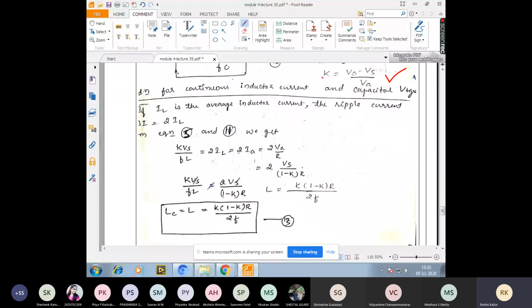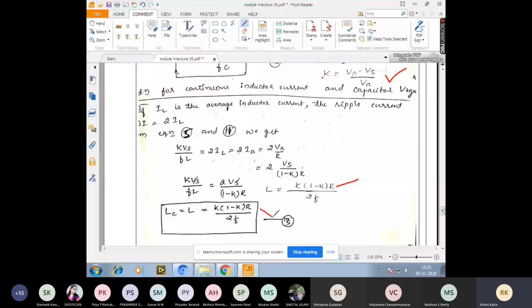Yeah, Vs cancels. So what is left here is K divided by F into L, which is equal to 2 divided by (1 minus K) into R. Now I want the L value, so I'll send L to the other side and the rest of the parameters to the left side. So I have K into (1 minus K) into R divided by 2F.